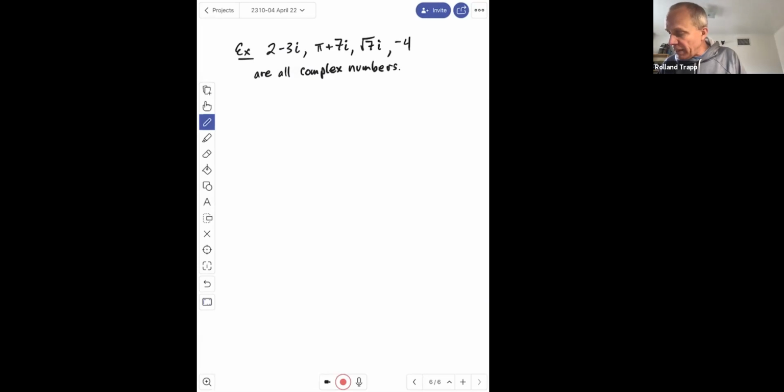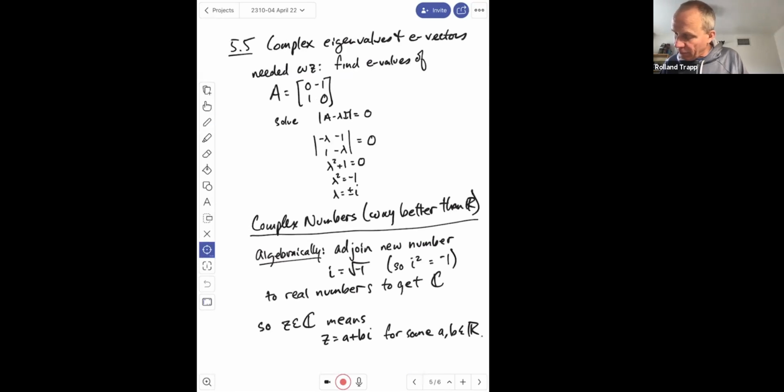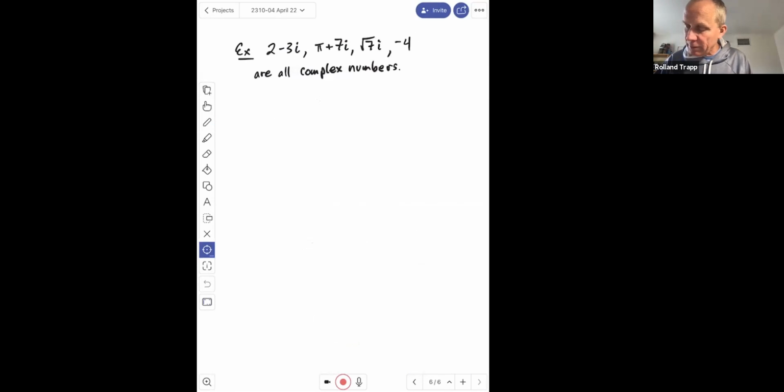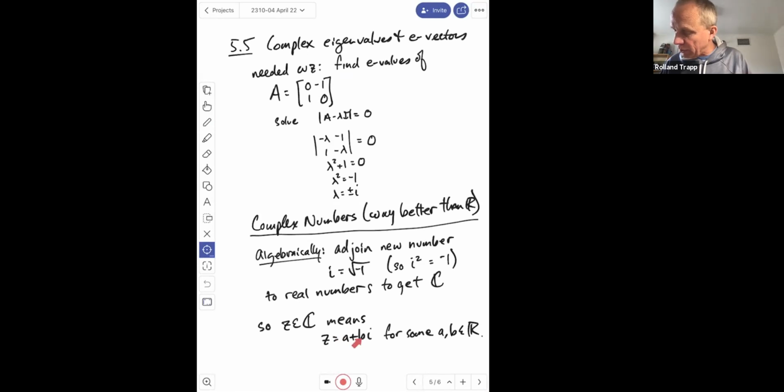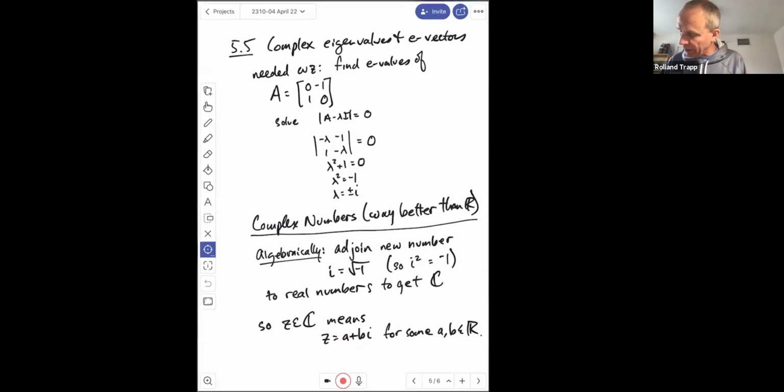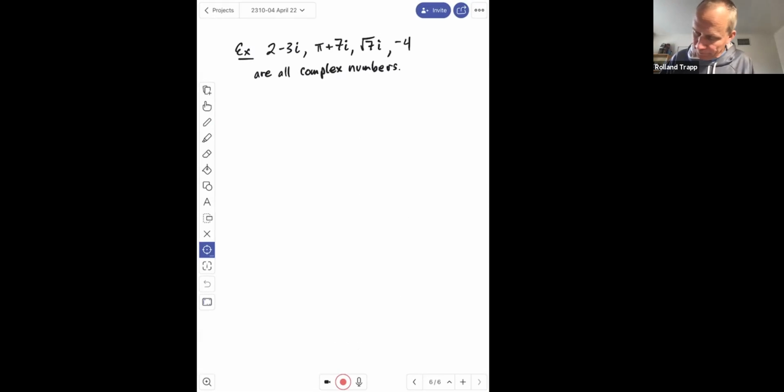What does it mean to be a complex number? It means that I can find an a and a b such that the number is equal to a plus b times i.